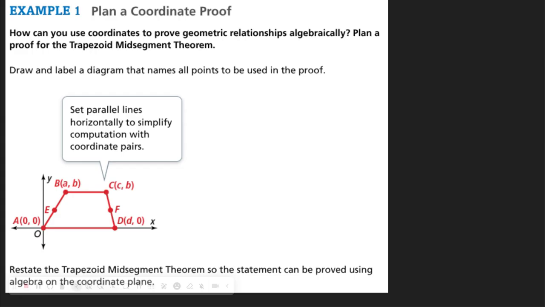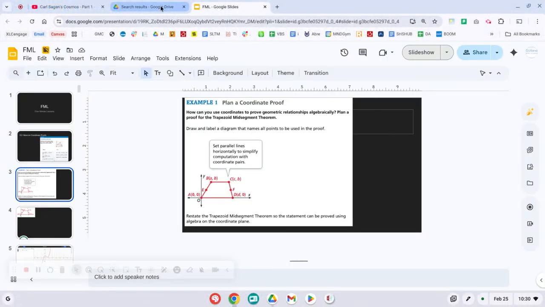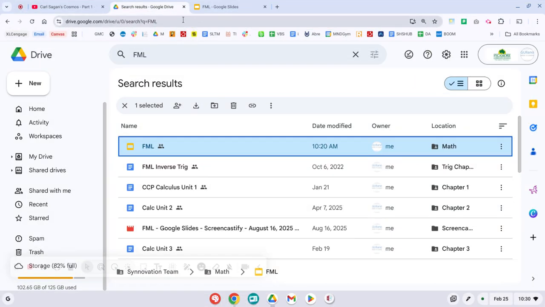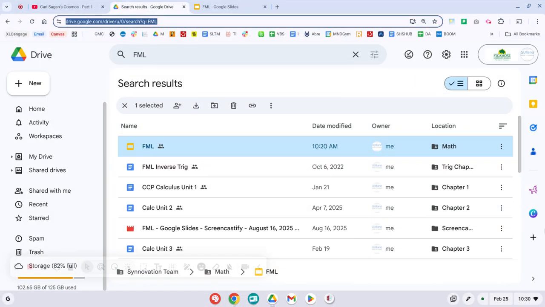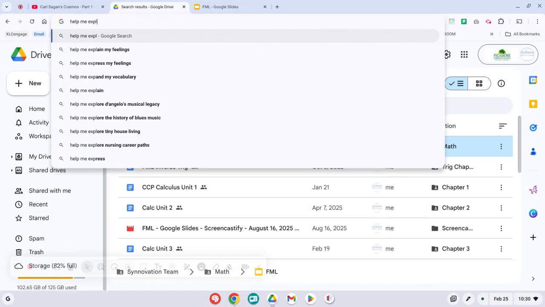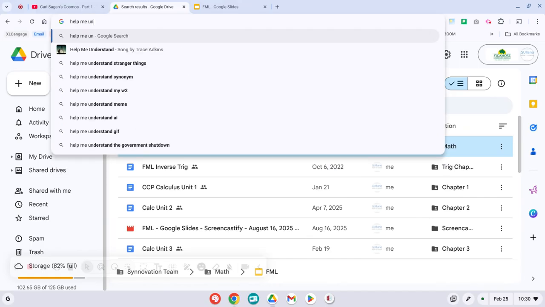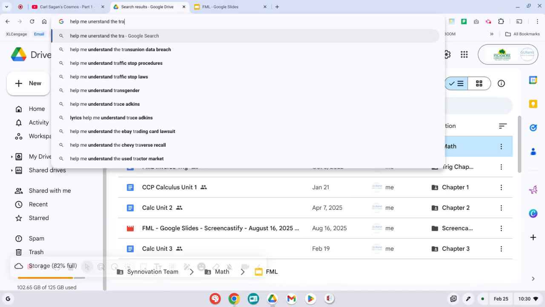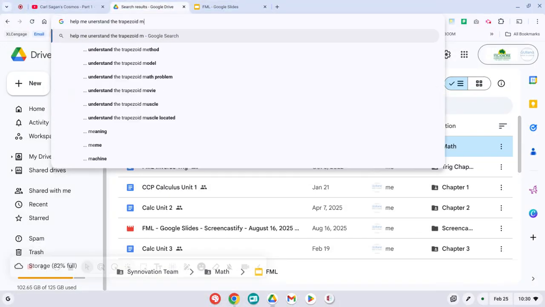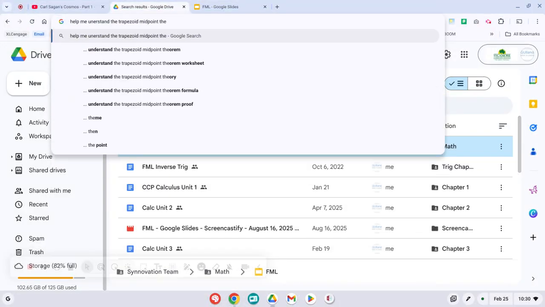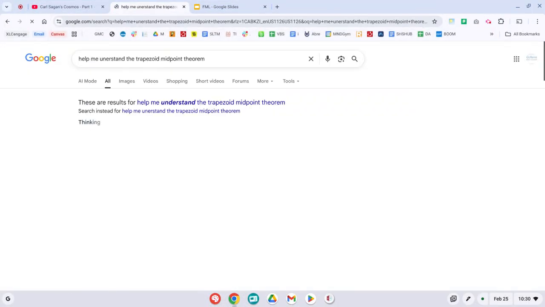Does anybody remember the trapezoid midsegment theorem? Okay, I thought you might say that, so I'm prepared: let's Google it. Help me understand the trapezoid midpoint theorem. Modern learning.